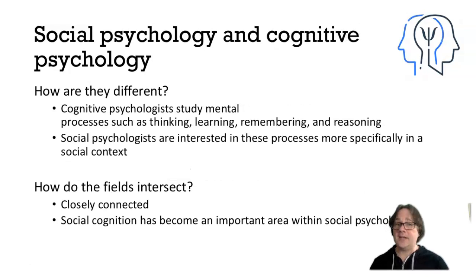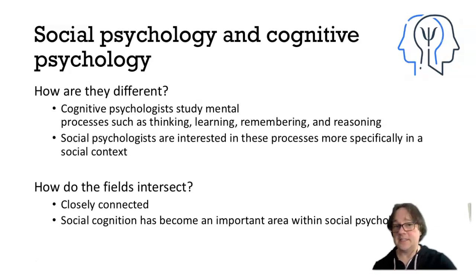Social psychology and cognitive psychology. Well, you're basically talking to a social cognitive psychologist. These two fields have become closer and closer together, not just in how they approach, but in what questions they're interested in.